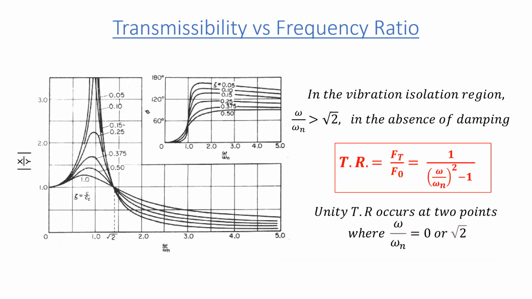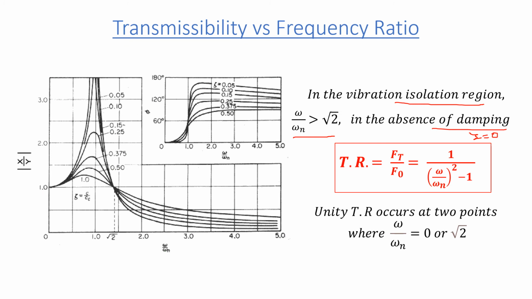In the characteristic curve of transmissibility versus frequency ratio, we observe that when omega by omega n is greater than under root 2, means we are in the vibration isolation region, and if damping is absent, zeta is 0, then the transmissibility relation becomes like this: 1 upon (omega by omega n) square minus 1.